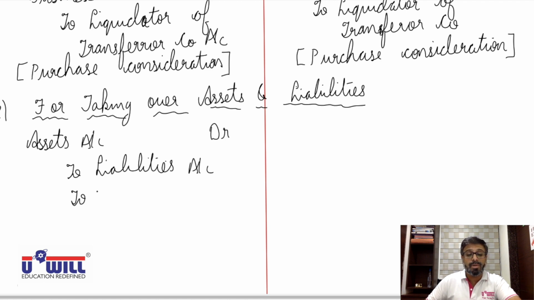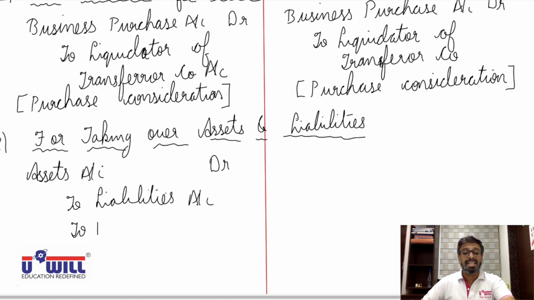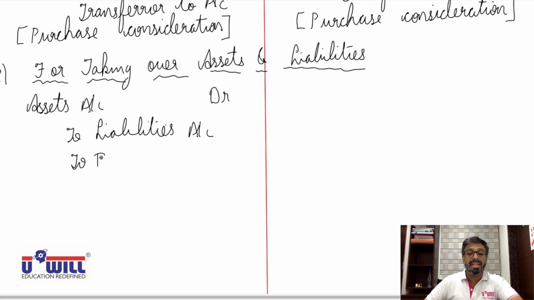The difference amount is the business purchase. Assets minus liabilities is generally the amount of business purchase. So with the difference amount, you credit business purchase, in fact with the same amount of purchase consideration.